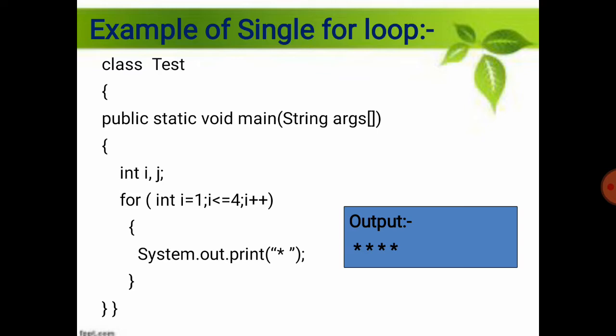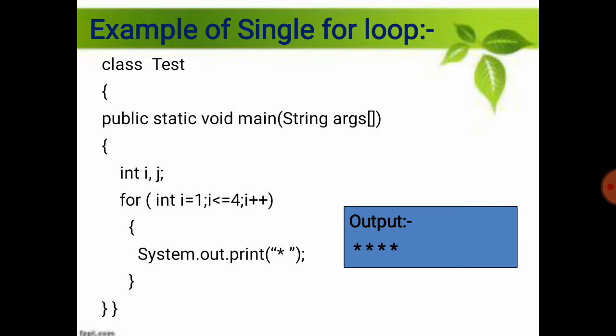It means this loop revolves the statement System.out.print star 4 times. So it prints 4 stars in a single line. I have taken System.out.print, not println.